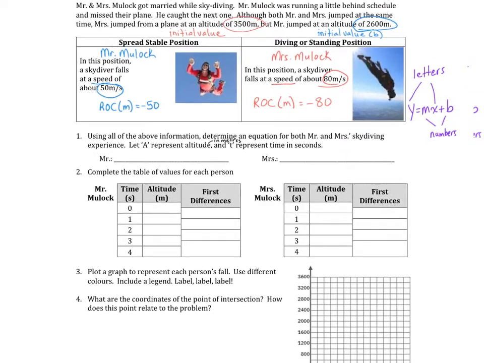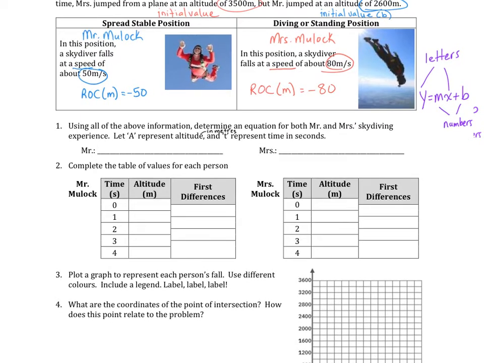So Mr. Mulock's equation is, you start with the dependent variable, which is the altitude, equals the rate of change, which is negative 50, times the independent variable, which is t, and then plus the initial value, which is 2,600.